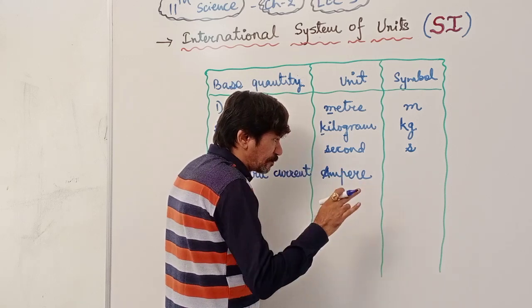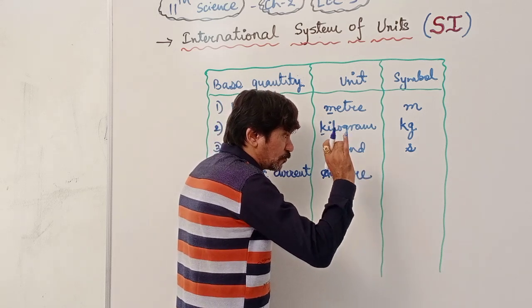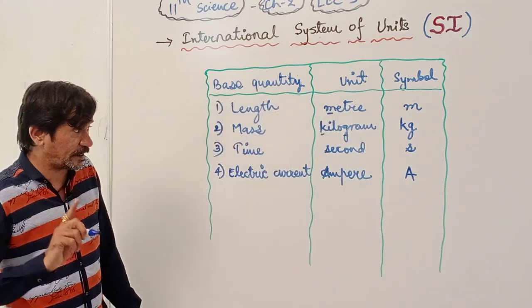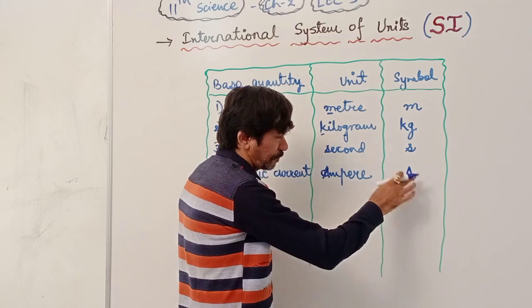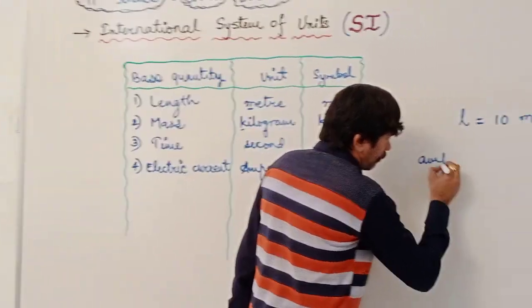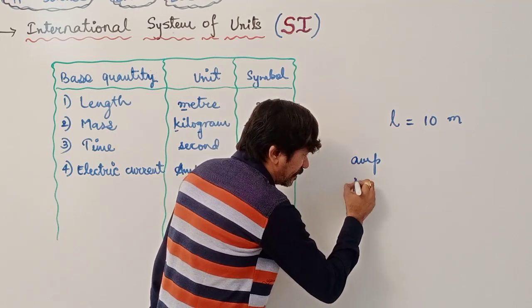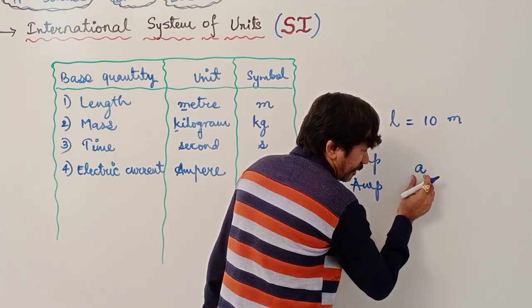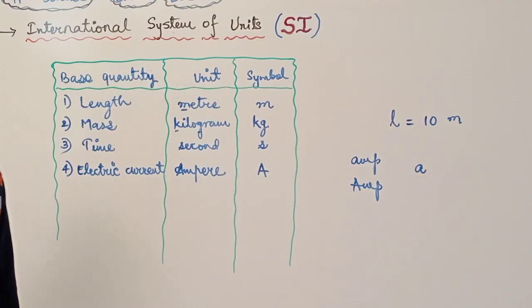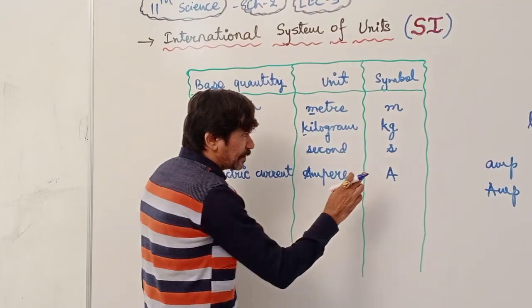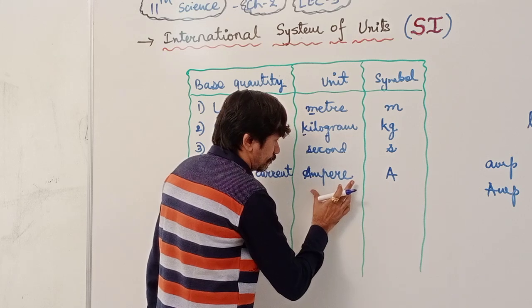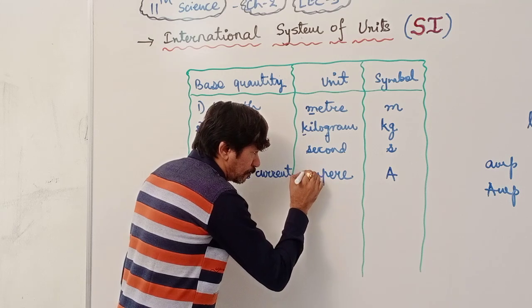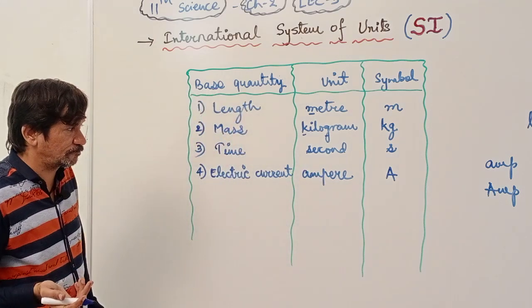But you have to remember, while writing the unit symbol, you can use only capital A. You cannot write ampere as small a. Capital A is the symbol of ampere.